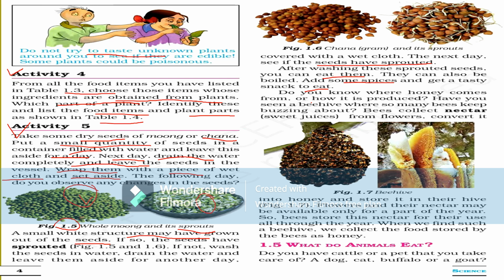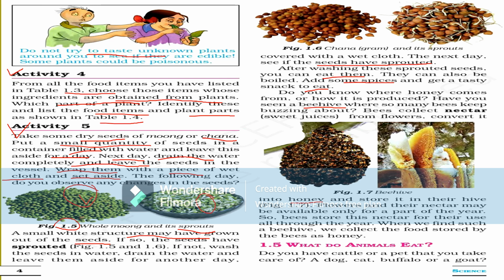Have you seen bees buzzing about? Bees collect nectar, a sweet juice, from flowers. When the bees are roaming around you, they are not roaming for you, they are roaming for flowers. They are flying to search for flowers, and they collect nectar, the sweet juice from the flower, then convert it into honey.